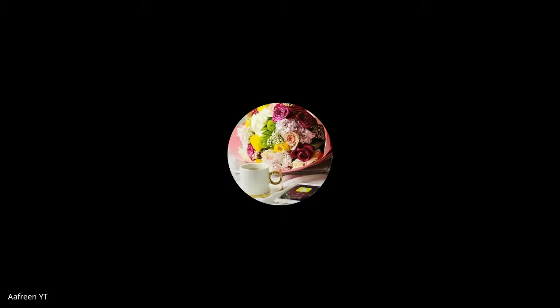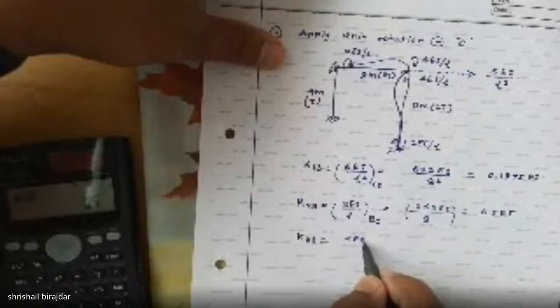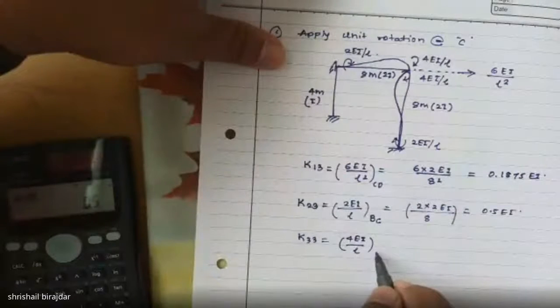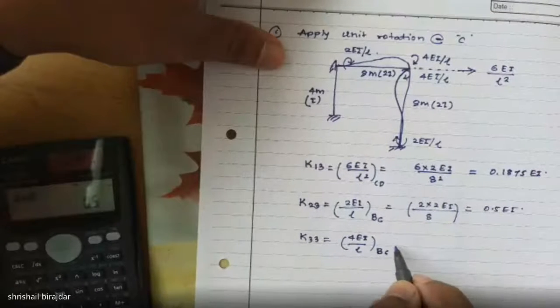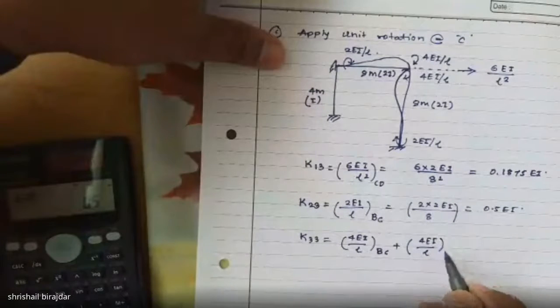Here, referring to these two moments, you just add 4 EI by L for BC, 4 EI by L for CD.